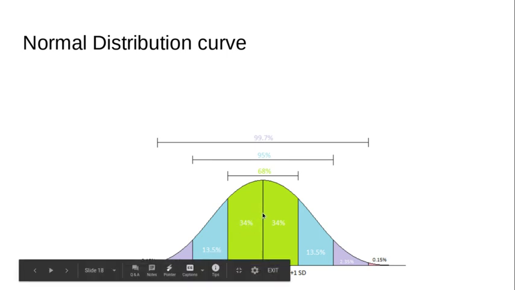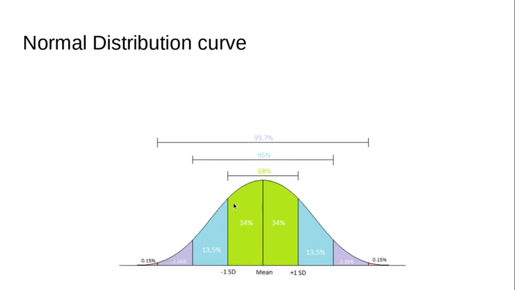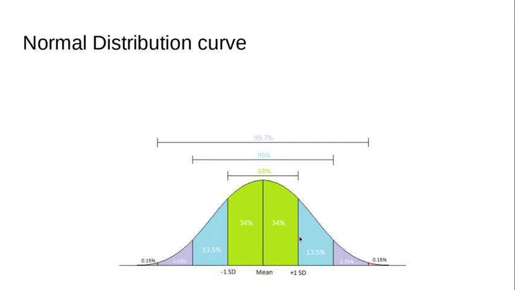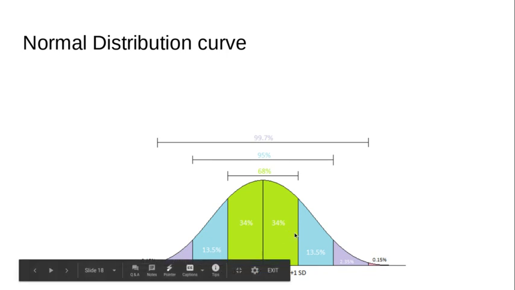So if we were sitting right here at 5'10" and it's a standard deviation of 5 inches, then this value at one standard deviation below the mean would be 5'5". And if we went one standard deviation above the mean, this value right here would be 6'3", right? Plus the 5 inches.